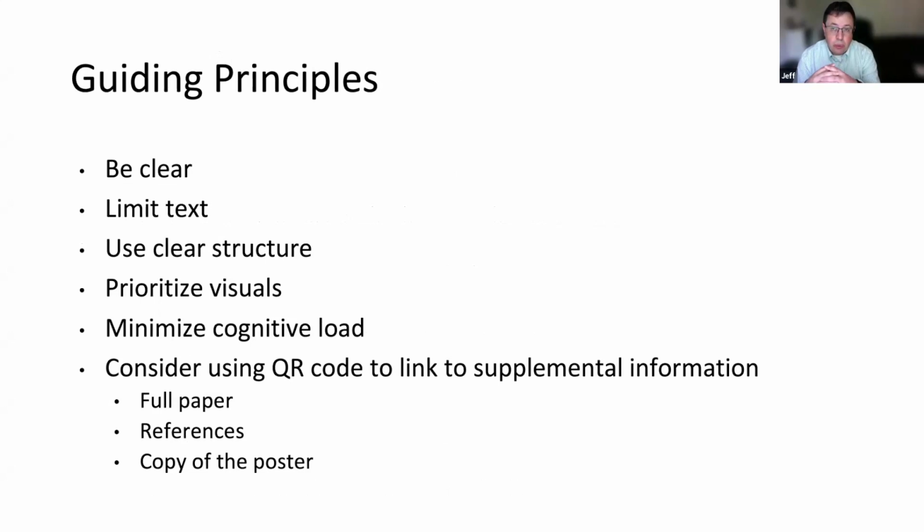So just some guiding principles as you think about your poster development: you want to be clear. You want sentences to be short, or not even a full sentence, but you want it to be clear. You want the structure to flow throughout the poster so that individuals who are looking for the intro or the methods will know where to look. If you have conclusions, you want points for folks to walk away from the poster with.